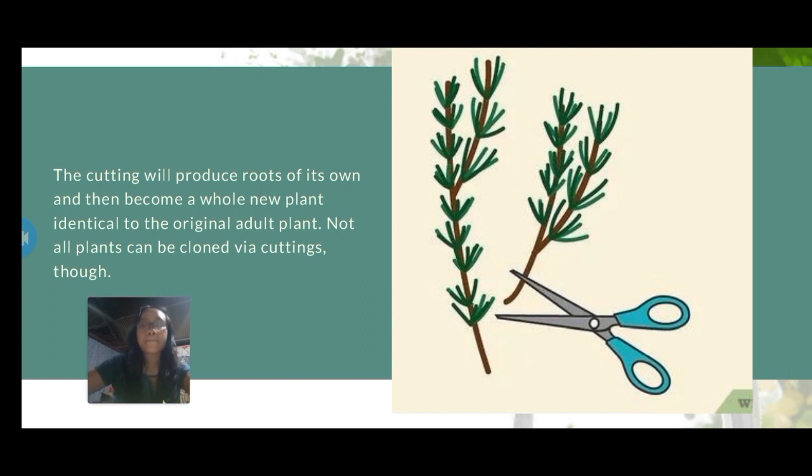So the question is, are clones the same as cuttings? Actually, a plant cutting, also known as striking or cloning, is a technique for vegetatively propagating plants, in which a piece of stem or root of the source plant is placed in a suitable medium such as moist soil, planting mix, quartz, or rock wool.